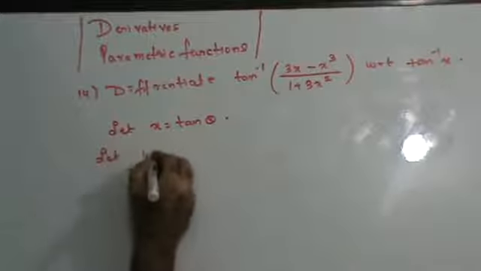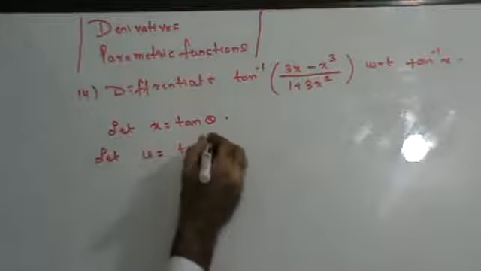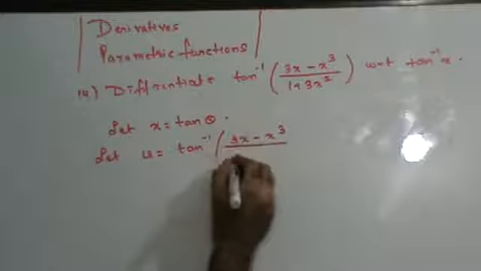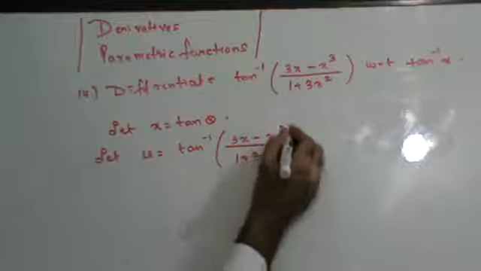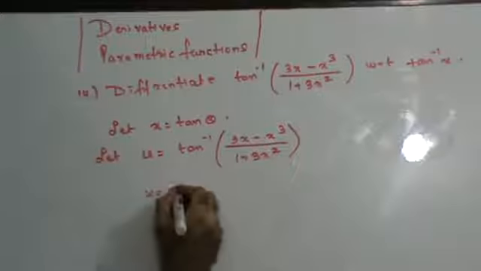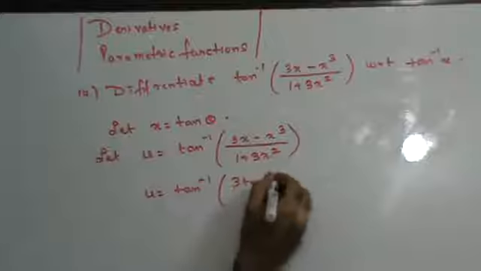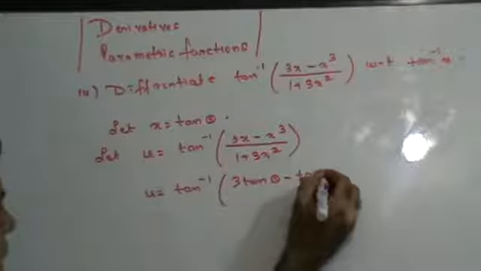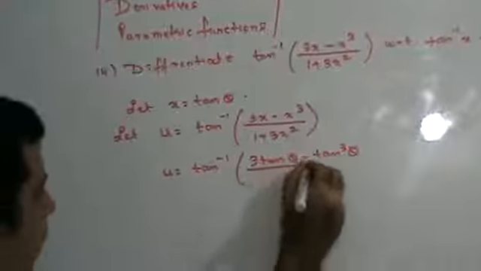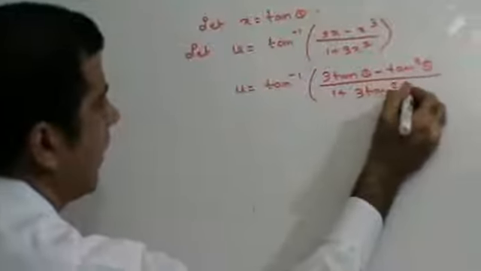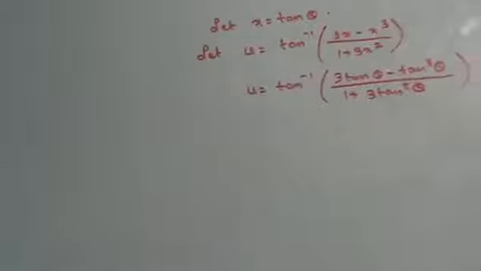Let u be equal to tan inverse of 3x minus x cube upon 1 plus 3x square. So u is equal to tan inverse of 3 tan theta minus tan cube theta upon 1 plus 3 tan square theta. I substituted the value of x.